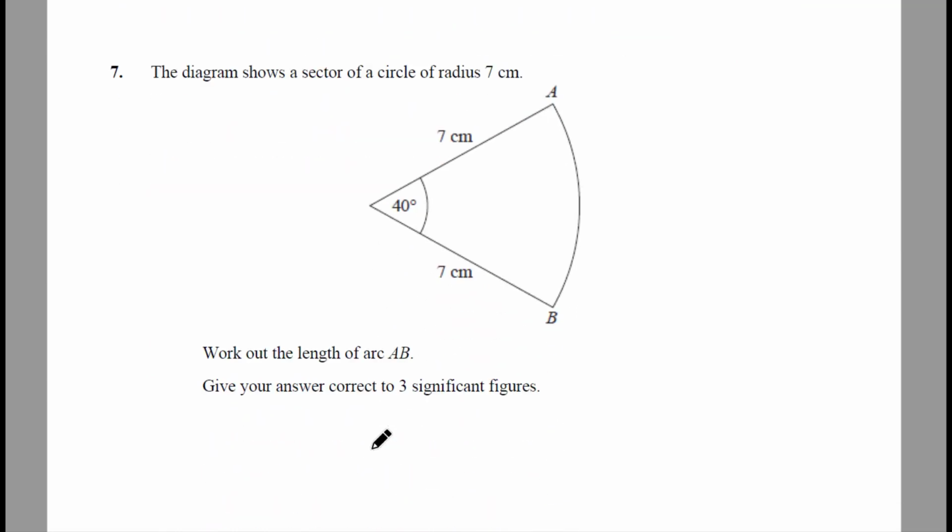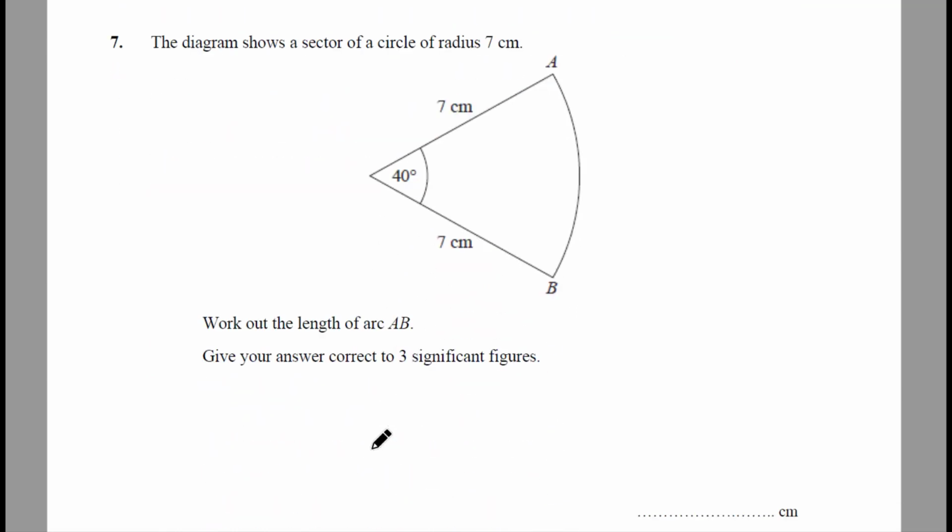Question 7, the diagram shows a sector of a circle, radius 7. Work out the length of arc AB. Well, remember, a full circle is 360, and we've got a section that's 40. So I'm going to write that up here.